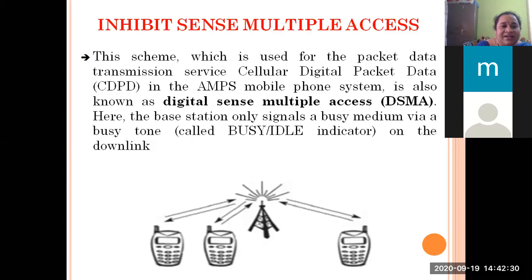It will be checking which mobile stations are busy at that moment, which are idle, and which channel has to be allocated to the particular mobile station that needs it, whether the channel is idle or busy or being used by somebody else. Whether the medium is busy or idle, all of this is taken care of by the corresponding base station itself.